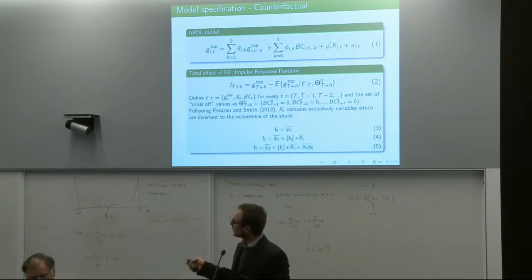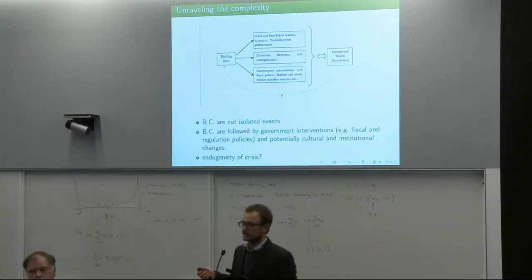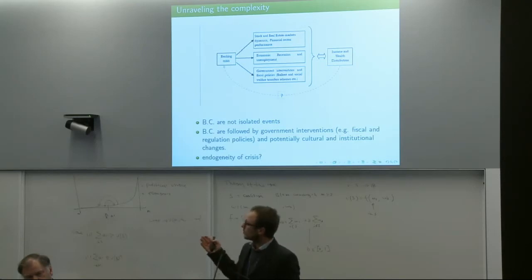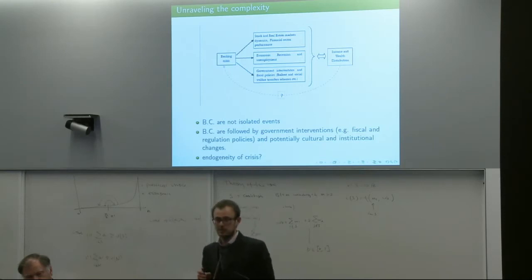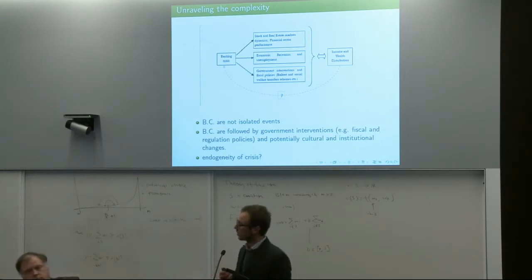This has strong implications for the model because crises are not isolated events. They occur with other types of macroeconomic shocks, with other macroeconomic events. So do we need to take that into account in the model? Well, according to this invariance assumption by Pesaran and Smith, we don't have to take that into account. And so we get rid of all these control variables in order to calculate the total effect of banking crisis on top income shares.